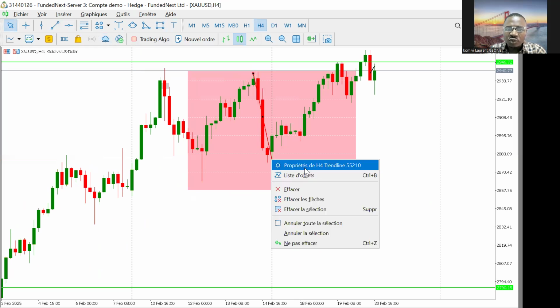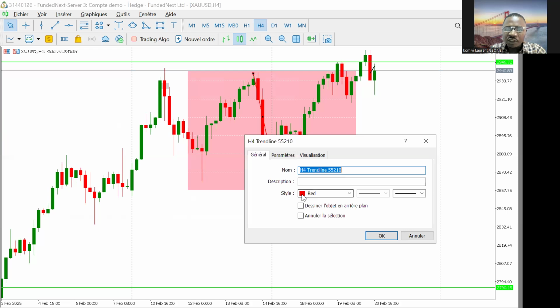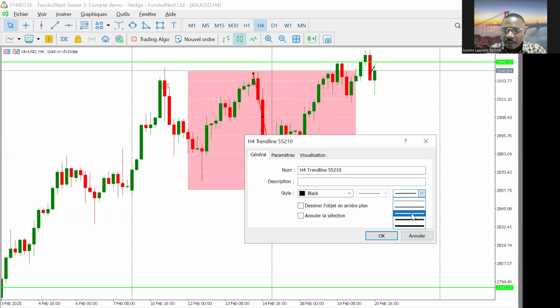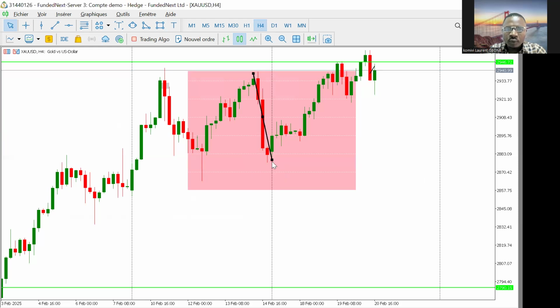I draw the first drop. Let me change its color to black. As you saw in the theory, you have the drop that rises up into a resistance level, then it drops again, and gets up.